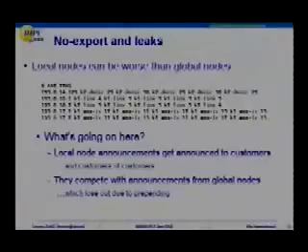Another thing that can happen with no export is that it can lead local nodes to be worse than global nodes. This is an example that has since been fixed, so we couldn't debug it much. But basically, TT89 was seeing a local node, the DNIC node, with 30 milliseconds instead of going to London.